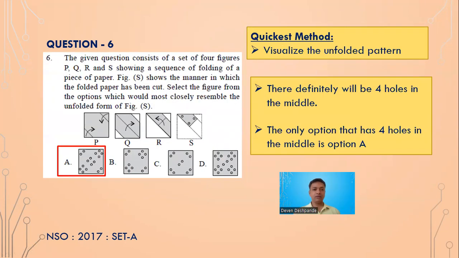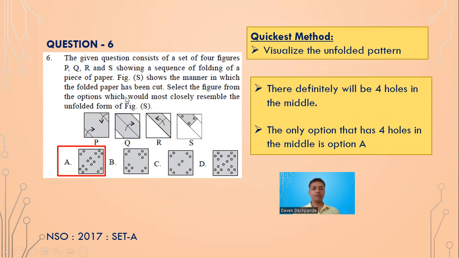Okay, next one. The given question consists of a set of 4 figures P, Q, R, and S showing a sequence of folding of a piece of paper. Figure S shows the manner in which the folded paper has been cut. So they have punched 3 holes in this folded paper.